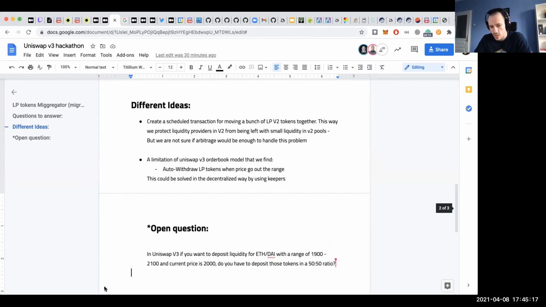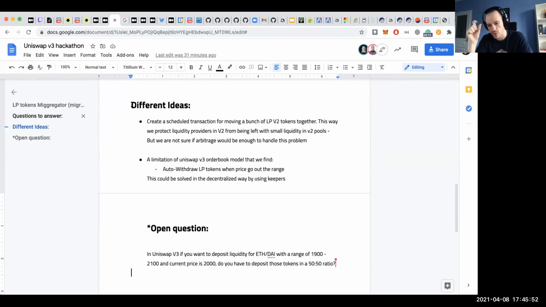The last question that we had, the open question, is whether someone else understood it. If you want to provide liquidity around the range where the distance of both sides is exactly the same from the current price, do you need to deposit the tokens in a 50-50% ratio?